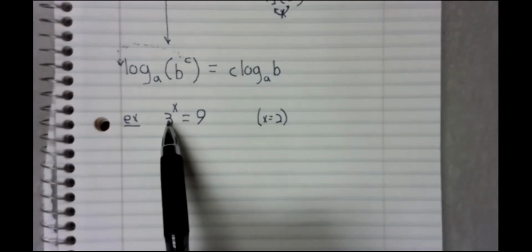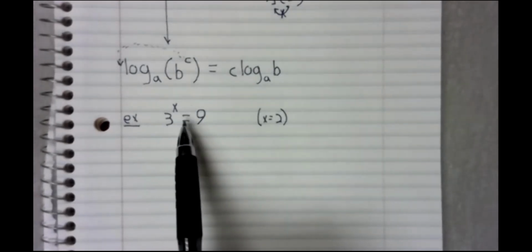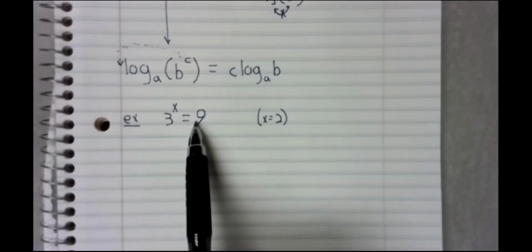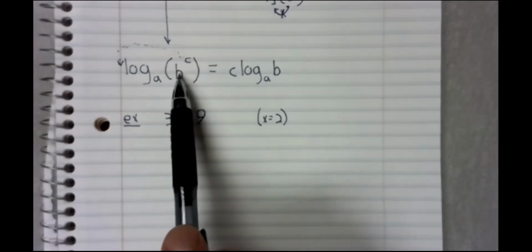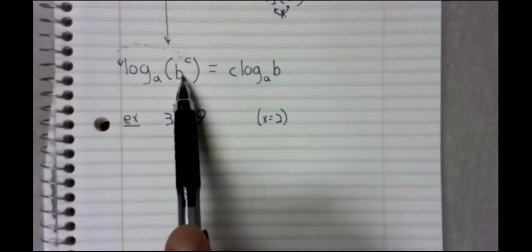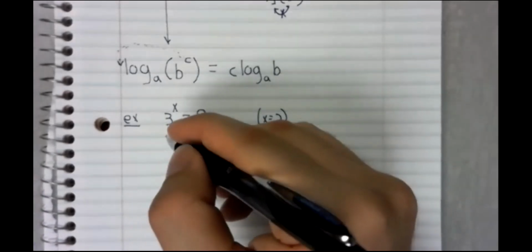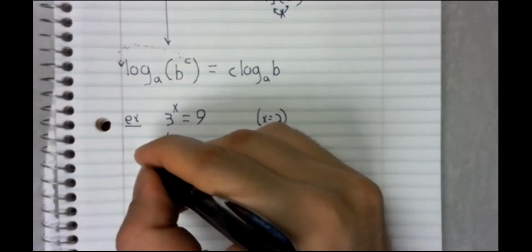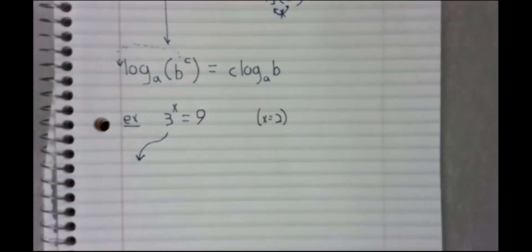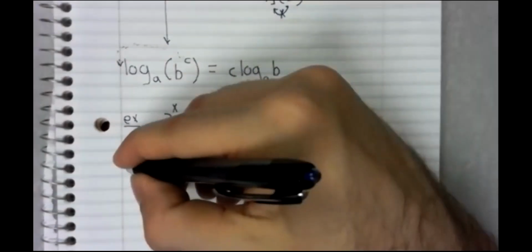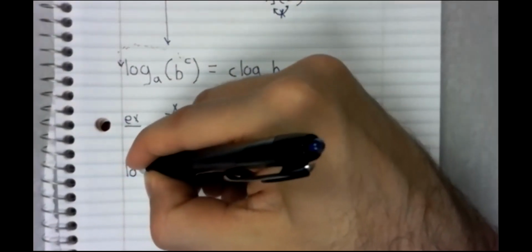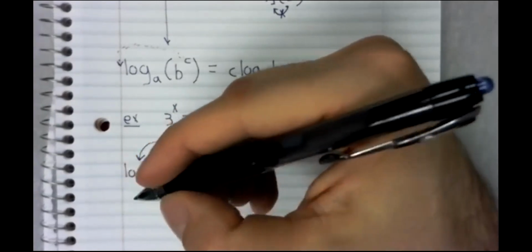So we already know a way of solving this exponential equation. This rule gives us a second way. We'll take the logarithm of both sides of this exponential equation. But instead of a logarithm base 3, let's use a nice logarithm.